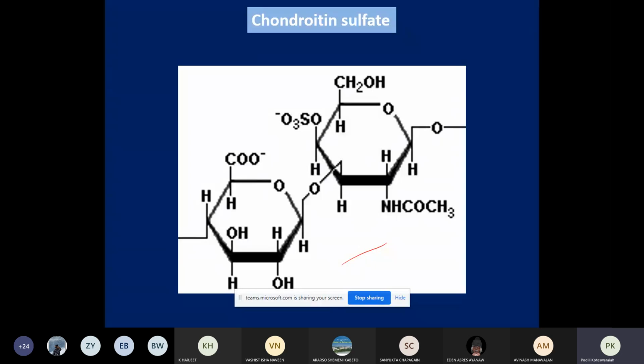Chemically, you can see here that it is composed of glucuronic acid and N-acetyl galactosamine 4 sulfate, this being the fourth carbon, with beta 1,3 and beta 1,4 alternate linkages. Chondroitin sulfate is also present in the cornea and the retina of the eye.